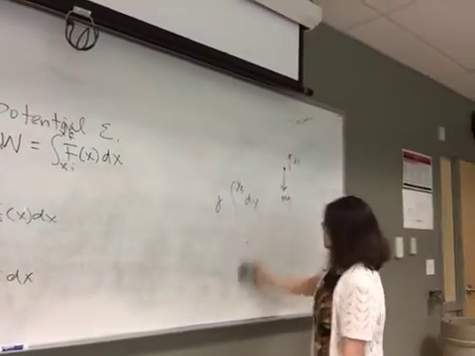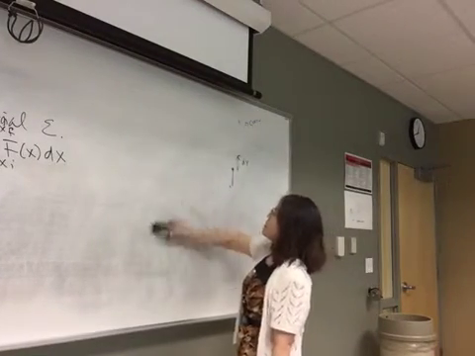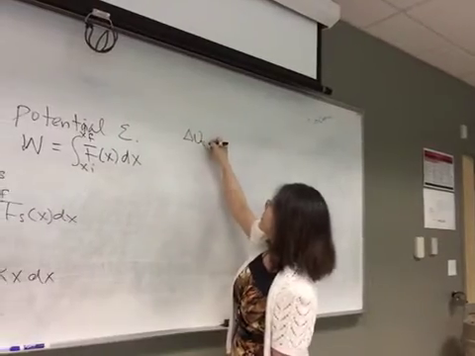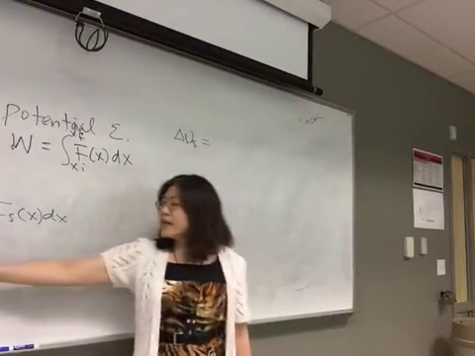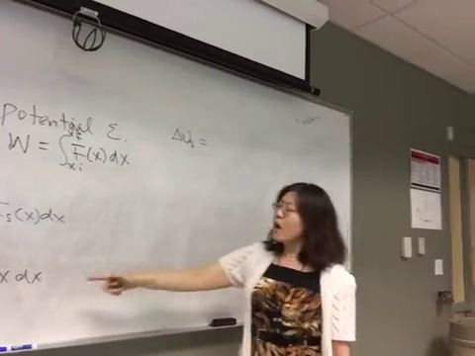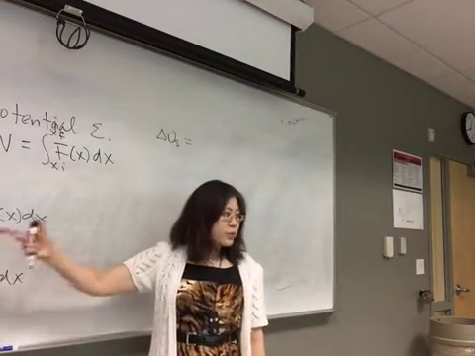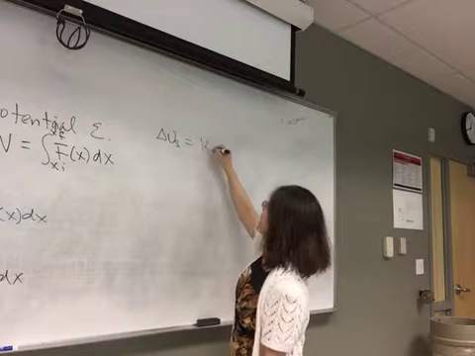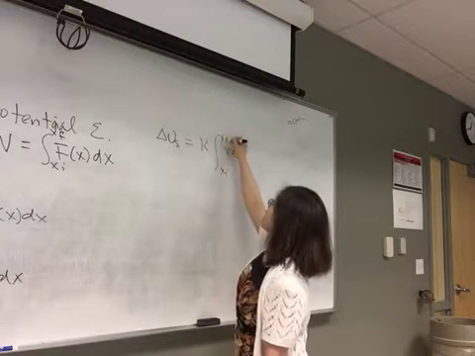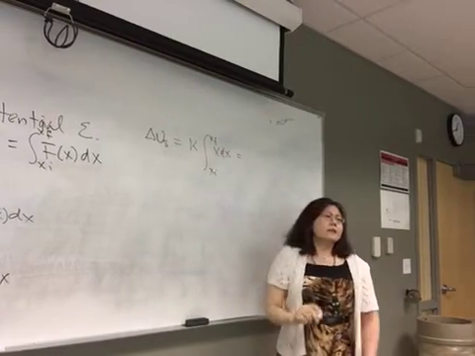Now what we have here is that your delta U_S is equal to, you can see that the negatives cancel each other. Now you have the spring constant, which is a constant, so I'm going to bring it outside the integral. So you have your k, and then x dx from xi to xf. What is the integral of x dx?